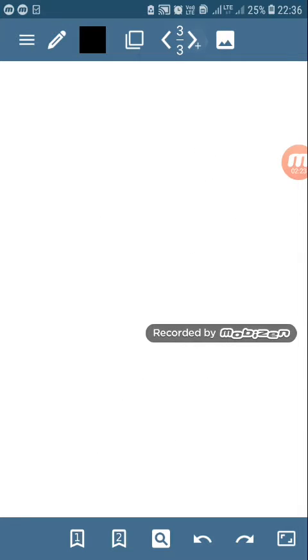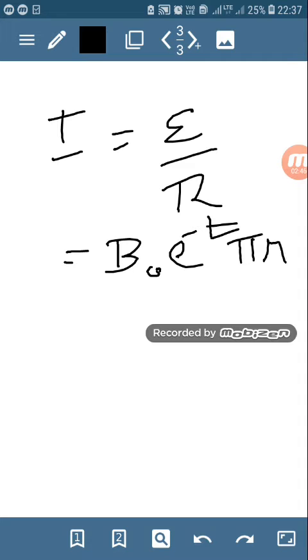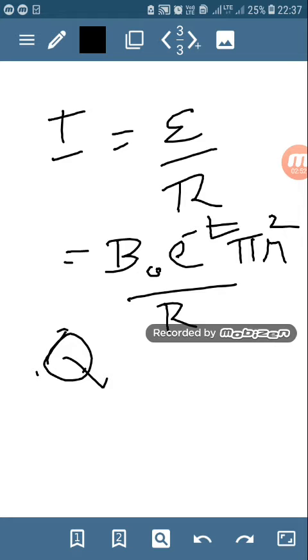From the induced EMF, we can calculate the current I, which is the EMF divided by the resistance of the coil, given as 2 ohm. So I is equal to B naught e power of minus t pi r square by R. What we want to calculate is Q, the charge.